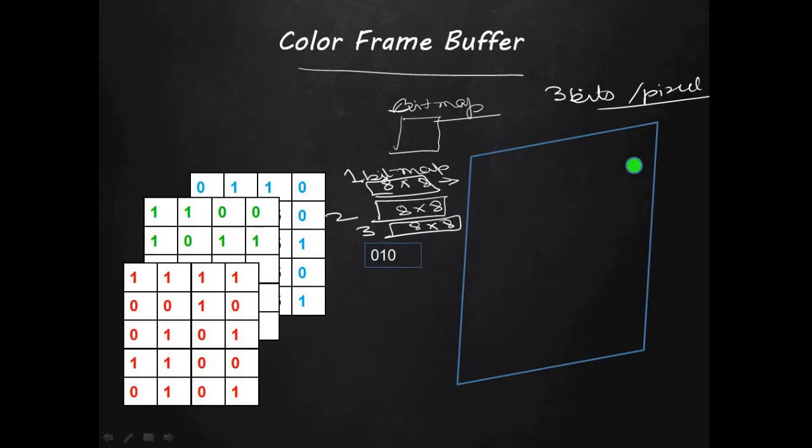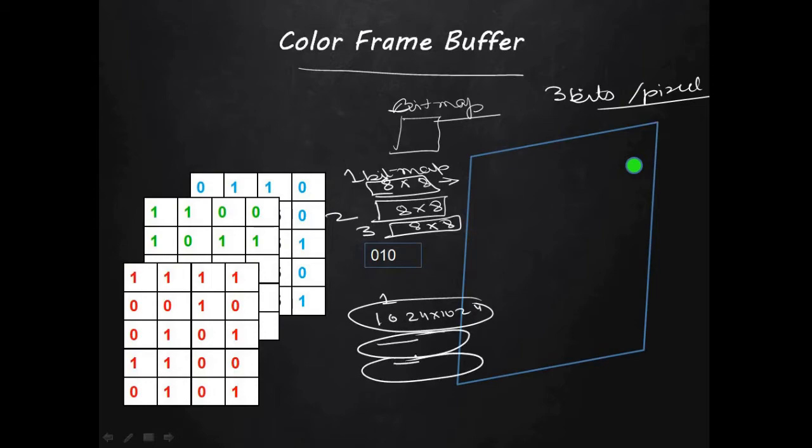In this way we require 3 bitmaps, and we can store 3 bits per pixel. Understand? So if the screen resolution is 1024 into 1024, then this is 1 bitmap, this is second, one more and one more. In this way we can have more bitmaps corresponding to a display screen, and that way we can have multiple bits per pixel.